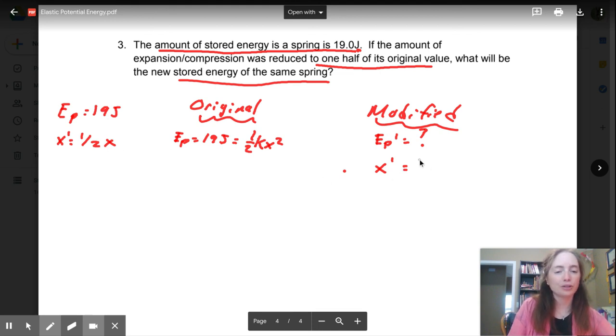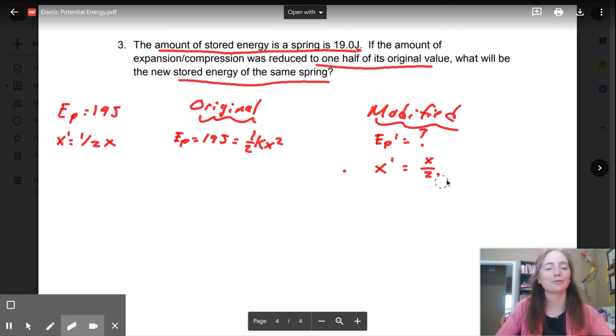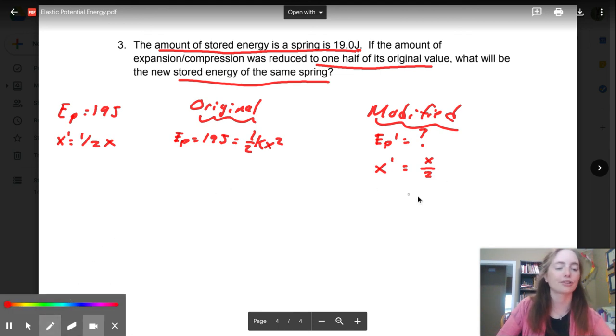So I'm going to write it as x over 2. I'm going to write it as a fraction. So this is where you do need to know how to work with fractions. It does come into play really handily. I know fractions are kind of a nuisance, but it's a really good skill, as much as we bitterly complain about fractions.